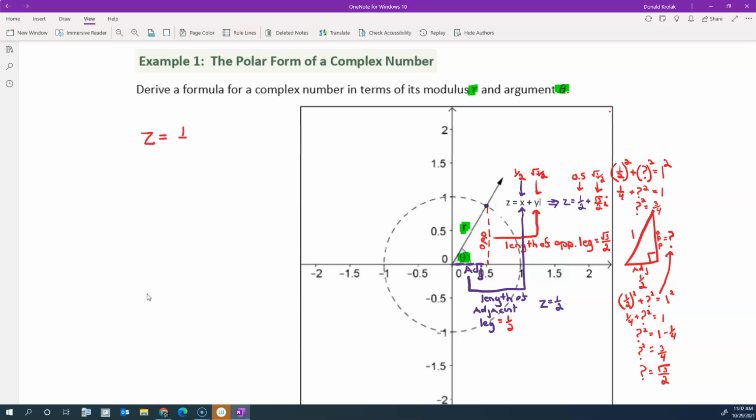All right, so right here, this was 1/2, and this was root 3 over 2 i. Okay, this is called the rectangular form. This is what we've been doing. Rectangular form.